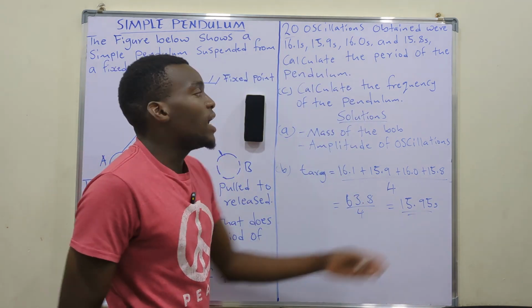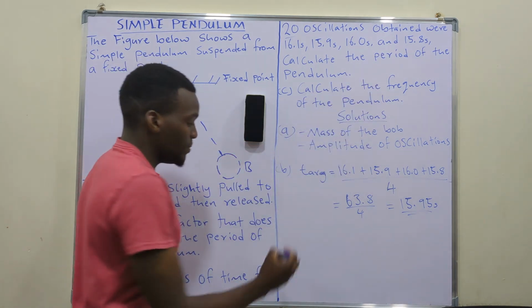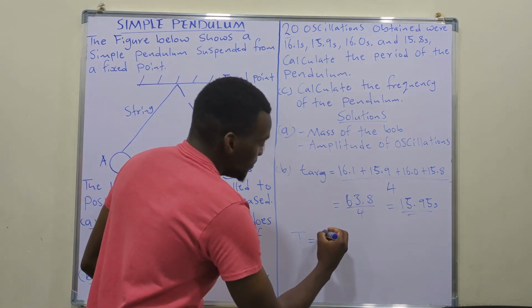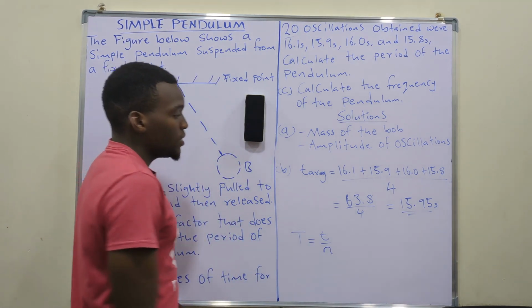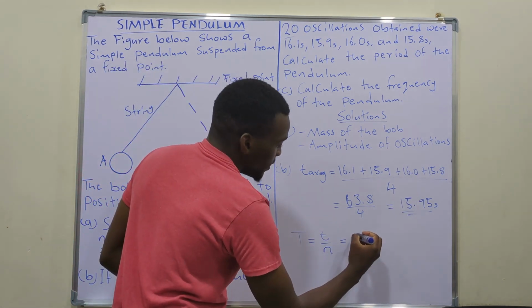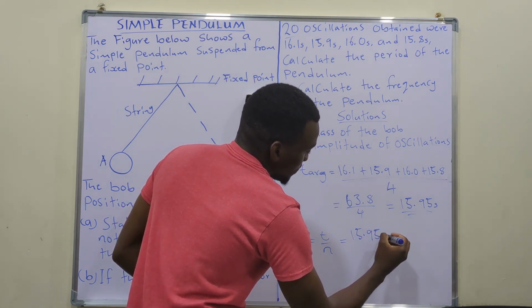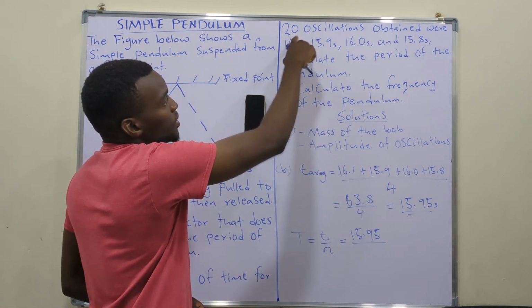We use this average time now to calculate the period of the pendulum. And period is given by the time over the number of oscillations. So here the time, we use the average, which is 15.95, and then divide this by 20 oscillations there.